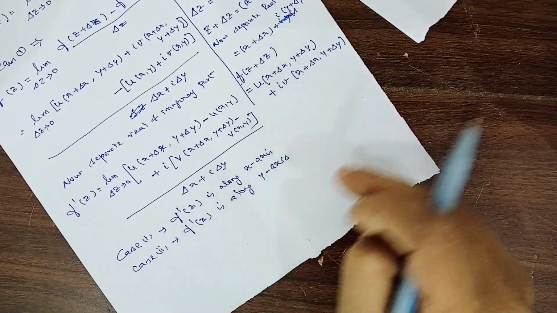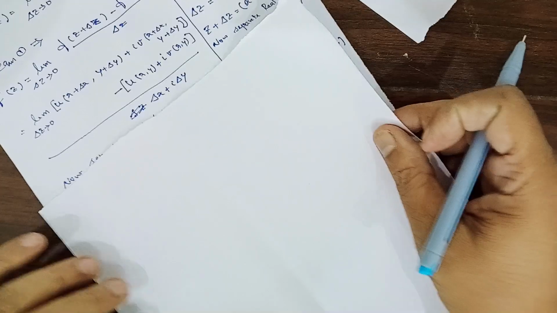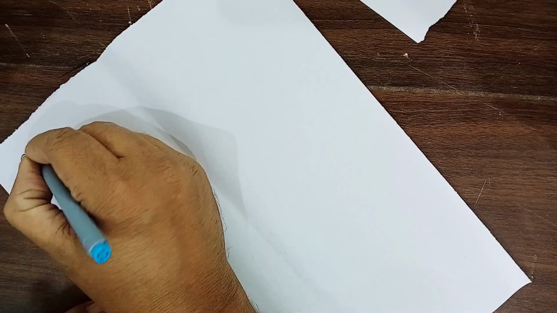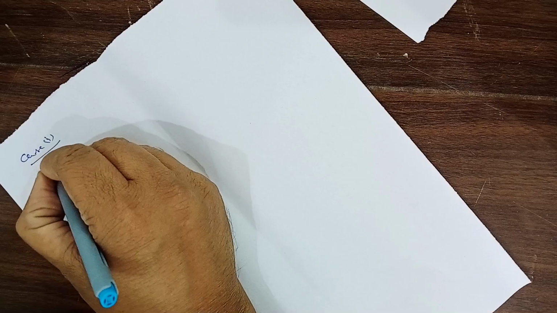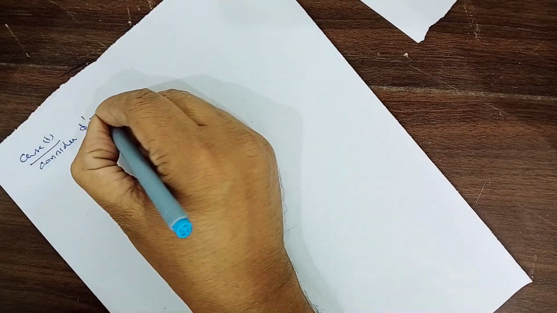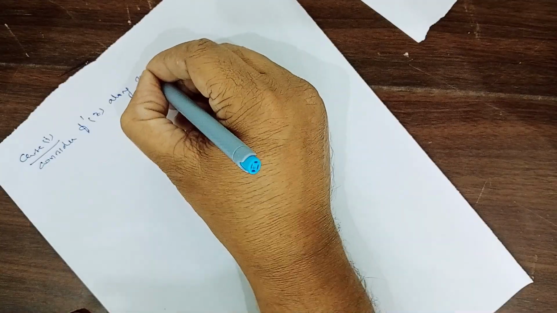Now for that, first we will consider f dash of z along the x-axis. That is case 1. Consider f dash of z along the x-axis.